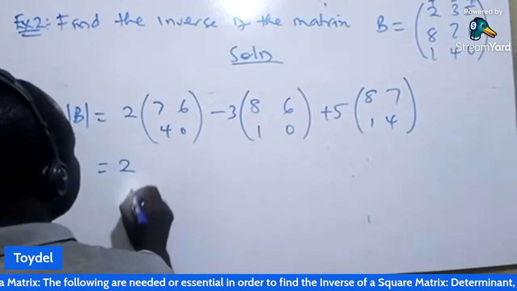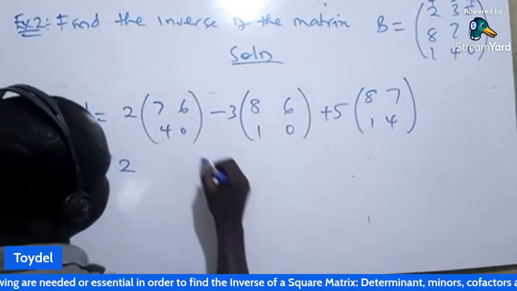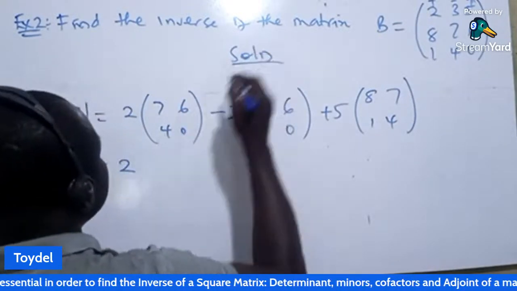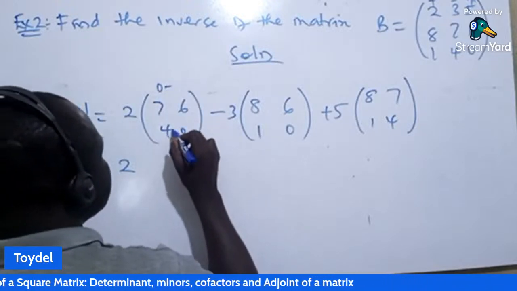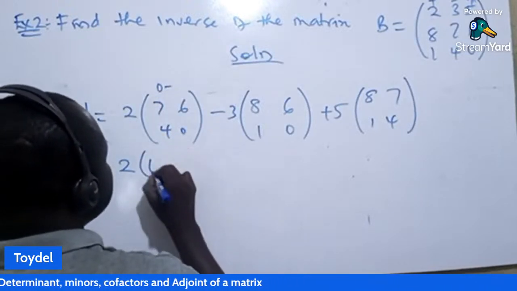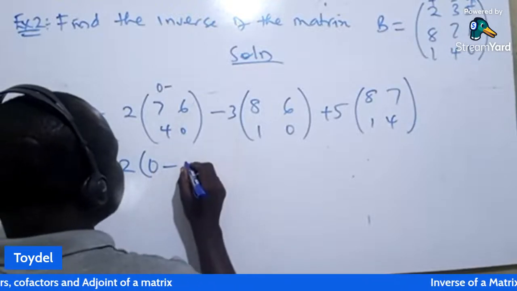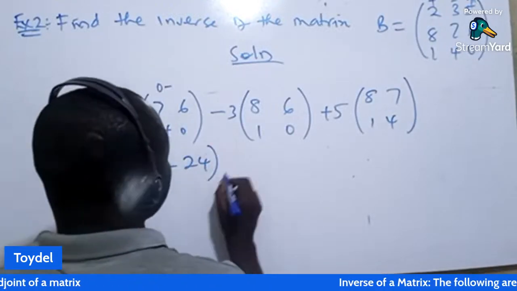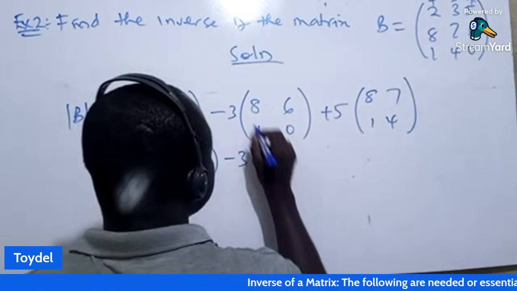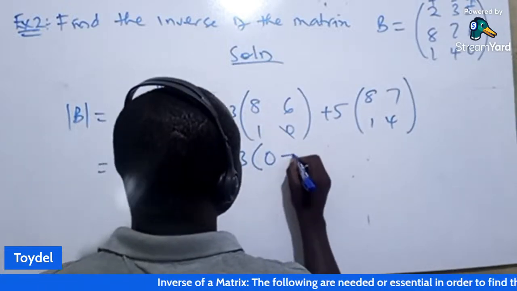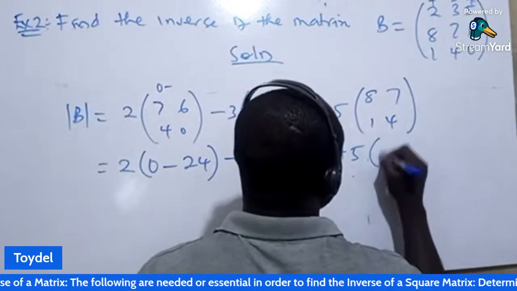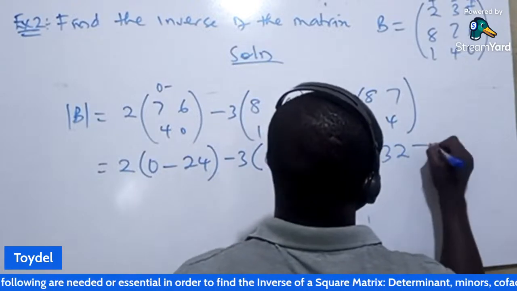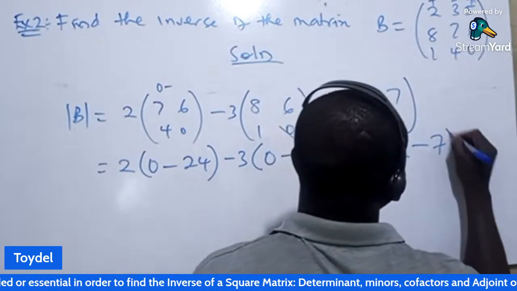So this is equal to 2, then what we do here is that we use the leading diagonal, we multiply the leading diagonal minus the other diagonal. 7 times 0 is 0 minus 4 times 6, 24. Then we have minus 3 into bracket, 8 times 0 is 0 minus 1 times 6, 6. Then plus 5 into bracket, 8 times 4, 32 minus 1 times 7, 7.